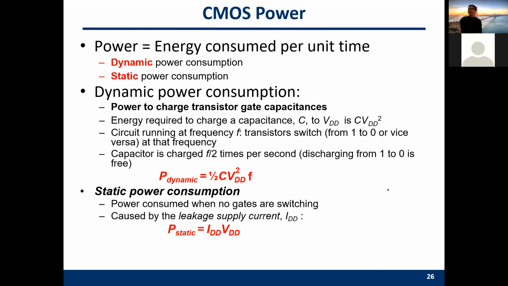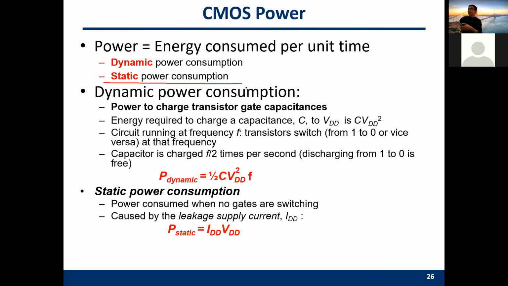Because of the current resistance and capacitance, the circuit will consume some power. There are two types of power that a circuit can need. The first one is leakage power, which is static power. No matter whether you use that circuit or not, if you connect the current to that circuit, the circuit will consume this leakage power or static power.